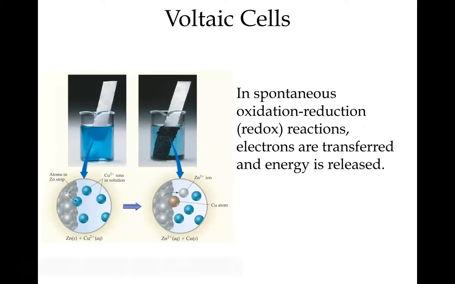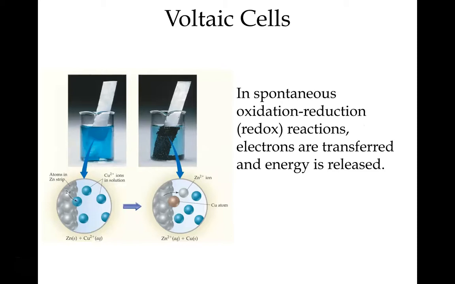Now, when we look at voltaic cells, most of the time they're going to occur in separate containers or separate spaces, right? This is one of the most simple examples of a voltaic cell, where we have a zinc strip put in a solution of copper ions, okay?